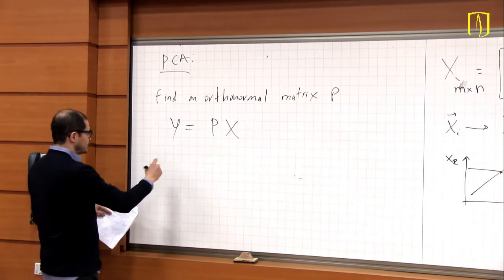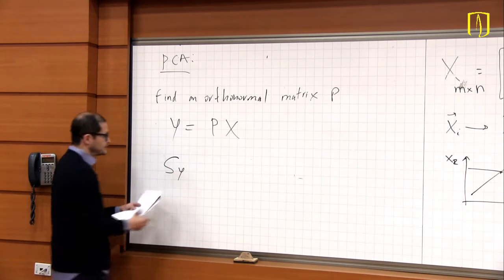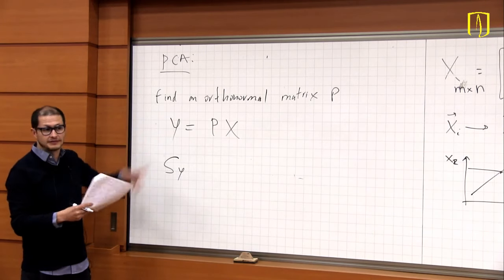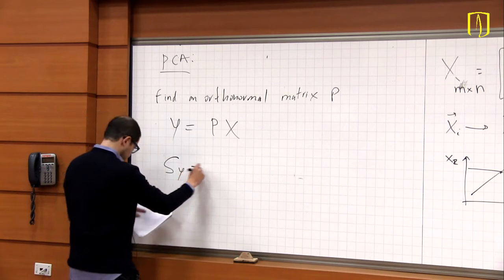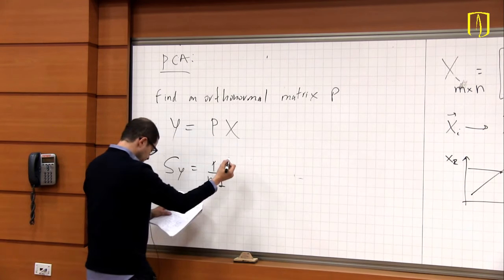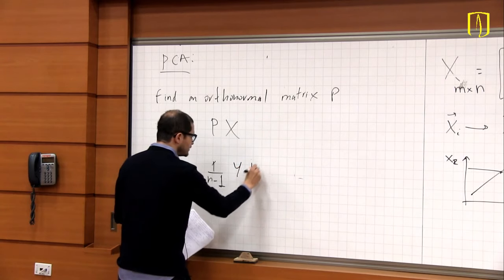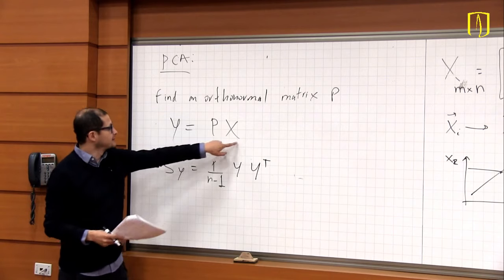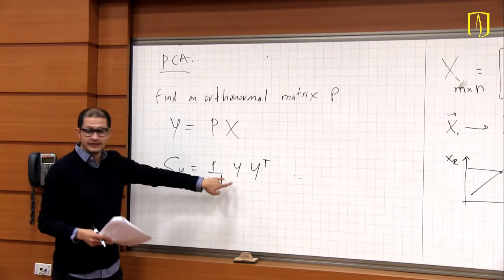Let's construct the covariance matrix in this new space, or new representation. So it's 1 over n minus 1 of y y transpose. Then we can plug this in here.